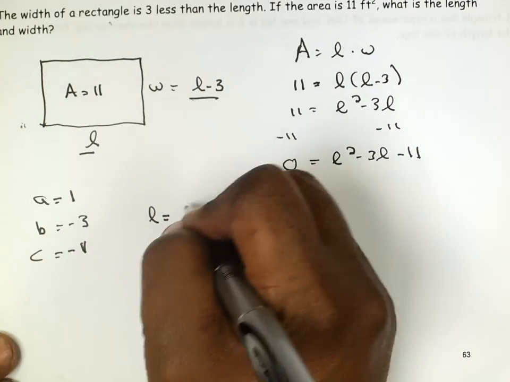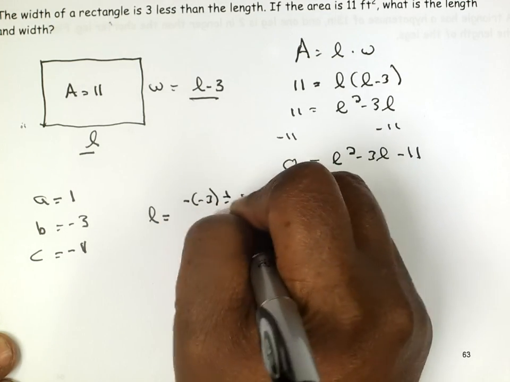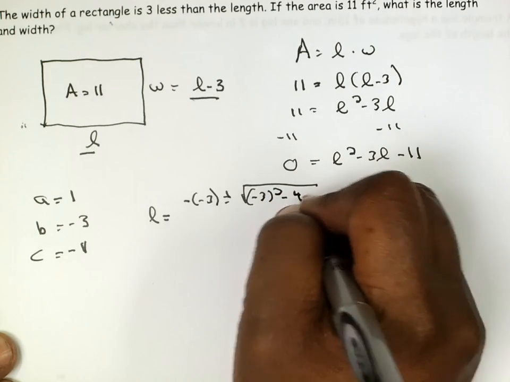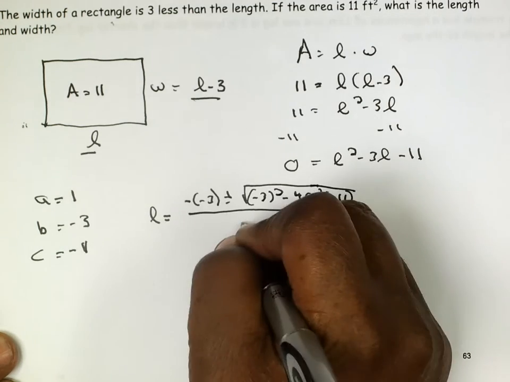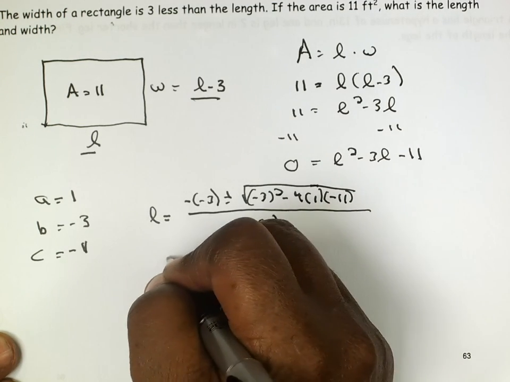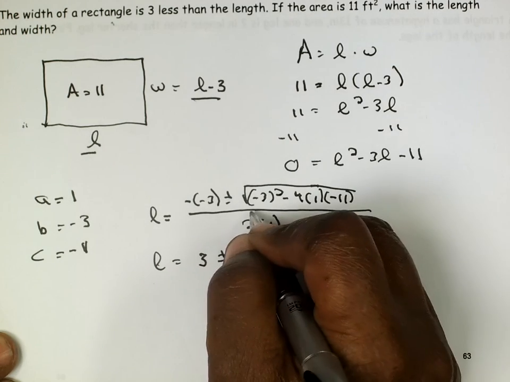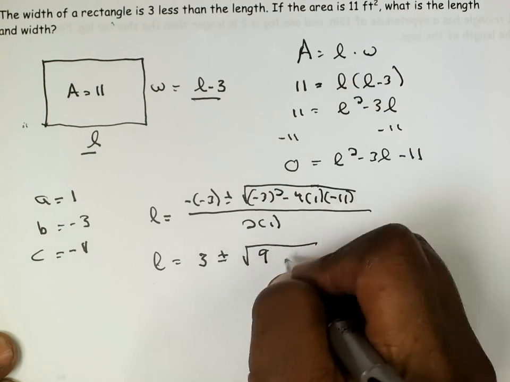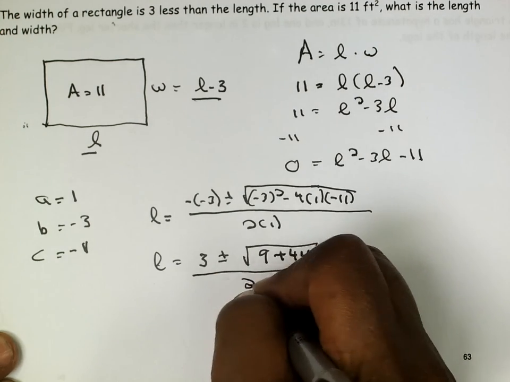So the length is going to be the opposite of B plus or minus the square root of B squared minus 4 times A times C all over 2 times A. So we get 3 plus or minus the square root. Negative 3 squared is 9. Minus 4 times 1 times negative 11, we'll get a positive 44 all over 2.